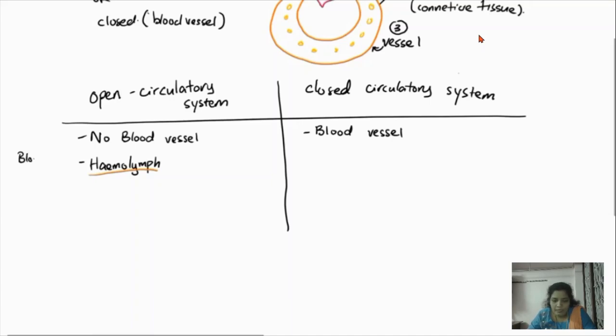The blood plus fluid plus waste, these three are collectively known as hemolymph. But in the closed circulatory system there is no hemolymph, because only blood is present.